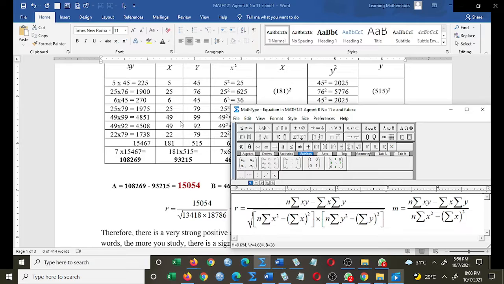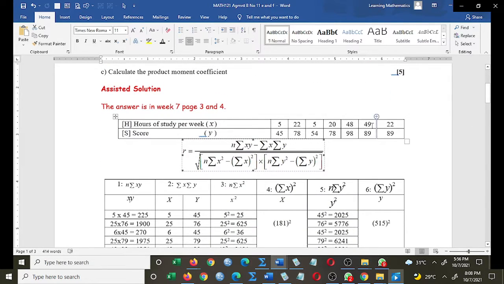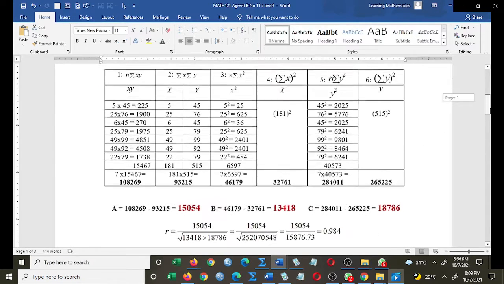Don't sit down and watch the video like you're watching a movie. Watching a video of mathematics is not like watching a movie. You have to participate. Copy down the values, copy down the table, and as you're going along, follow it. That's how you pick it up.